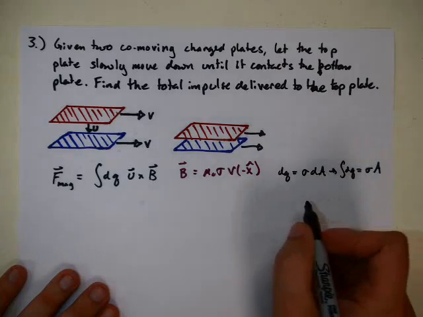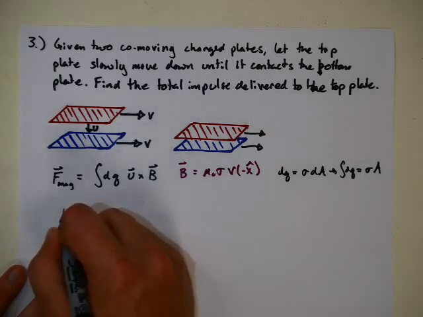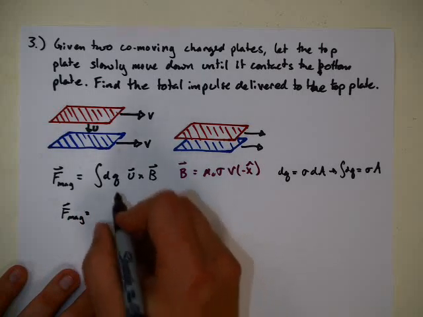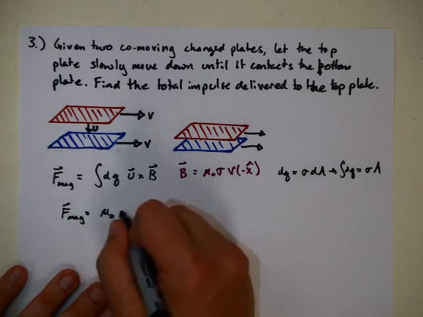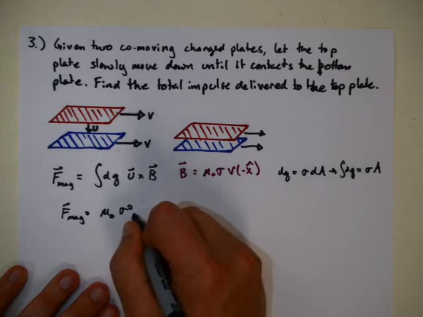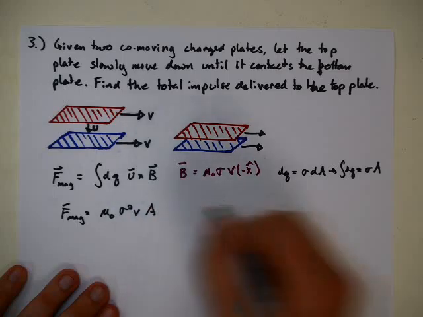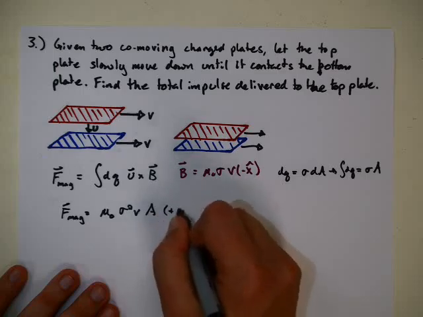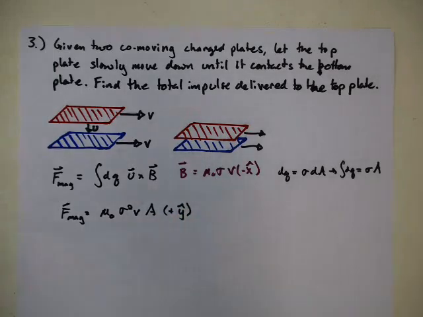And so now let's just plug in stuff here. So the magnetic force is going to be mu naught sigma squared v times A, and then in the positive y direction.